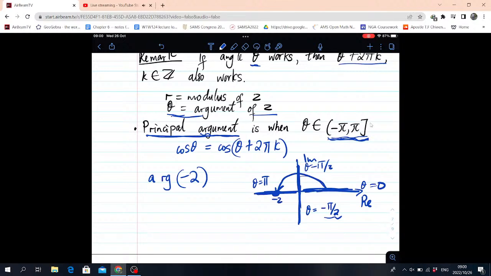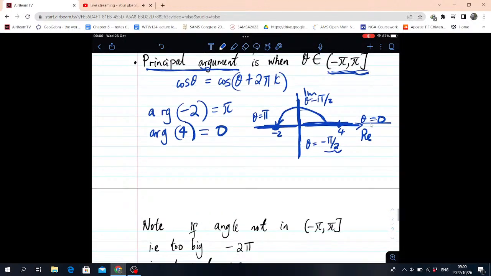If you look at the angle there, theta is going to be equal to pi. And if you think about the argument of 4, for example, 4 will be on this line, and the argument will be theta equal to 0. Right, we'll do a bit more examples as we go.